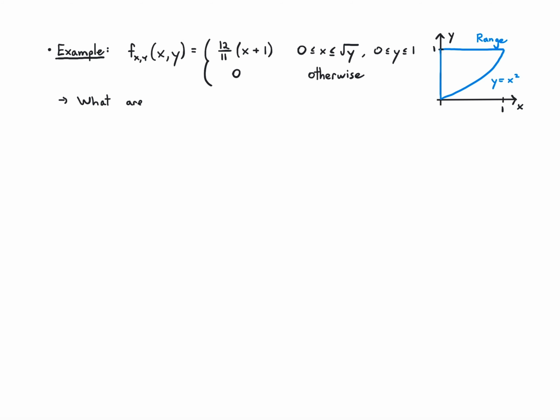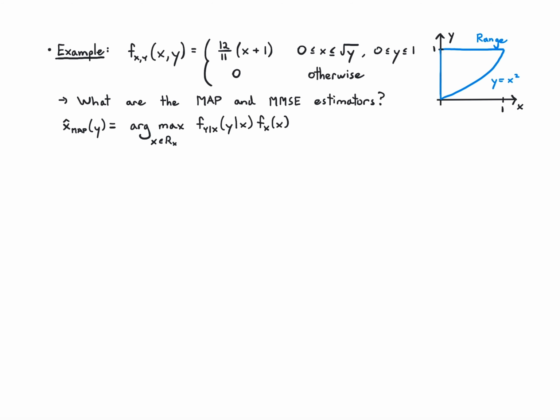What are the MAP and MMSE estimators in this case? We won't do ML, we'll just do MAP and MMSE. The MAP estimator is going to be the argmax over x in its range of the conditional PDF of y given x times the PDF of x. By the multiplication rule, that's just the joint PDF.